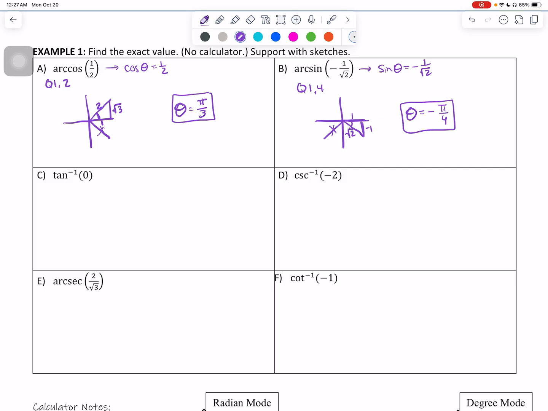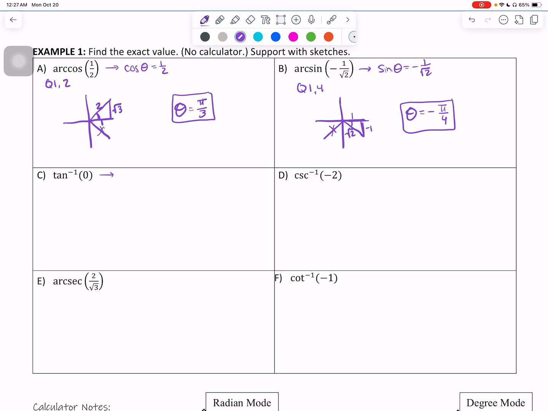I would still accept 7 pi over 4, but right now we're not talking about that interval between 0 and 2 pi, which were all positive angles. Now you can even give negatives because I'm not giving you the interval to find the angle through, okay?